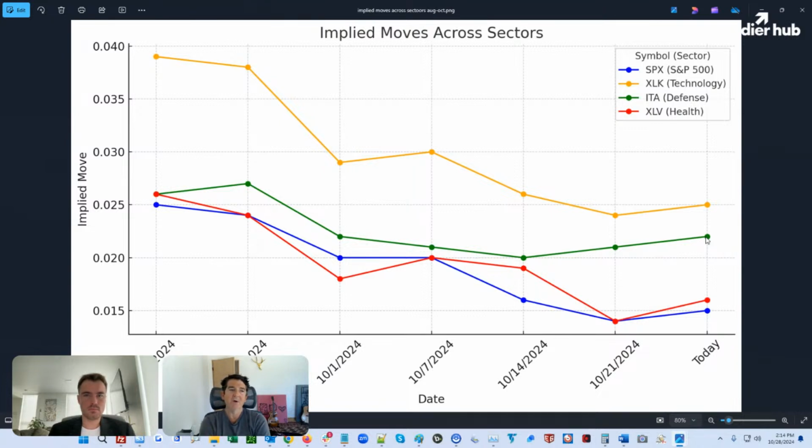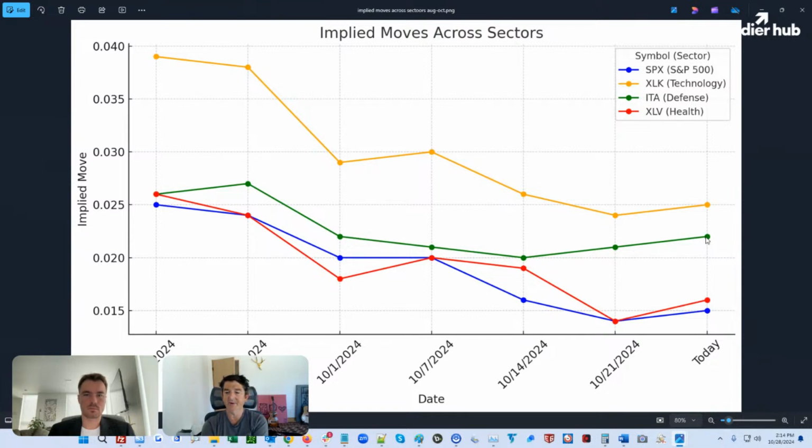So what you want to do is look at these numbers and think about, okay, what are these numbers telling us, and how might we be able to profit from this? What I think this is telling us is that people are becoming very complacent about what's going to happen in the election.